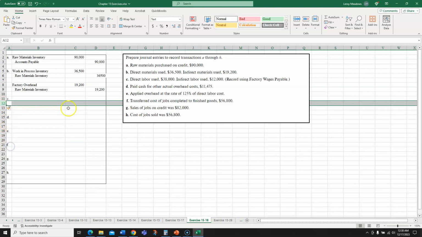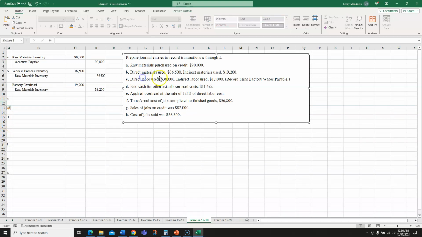Now, direct labor used 38,000 and indirect labor used 12,000, record using factory wages payable. Now I could do this as two separate transactions, or if you remember from financial accounting, we can do a compound journal entry. So for illustrative purposes, I want to go ahead and do that.